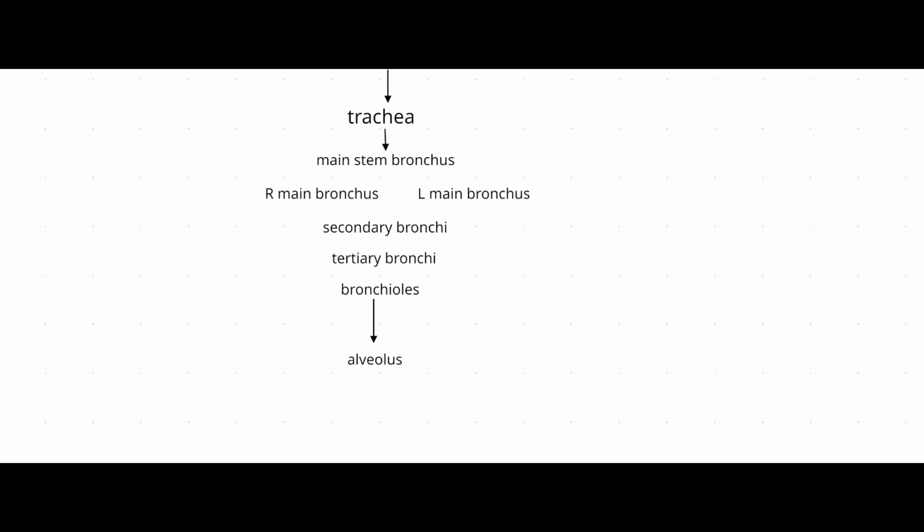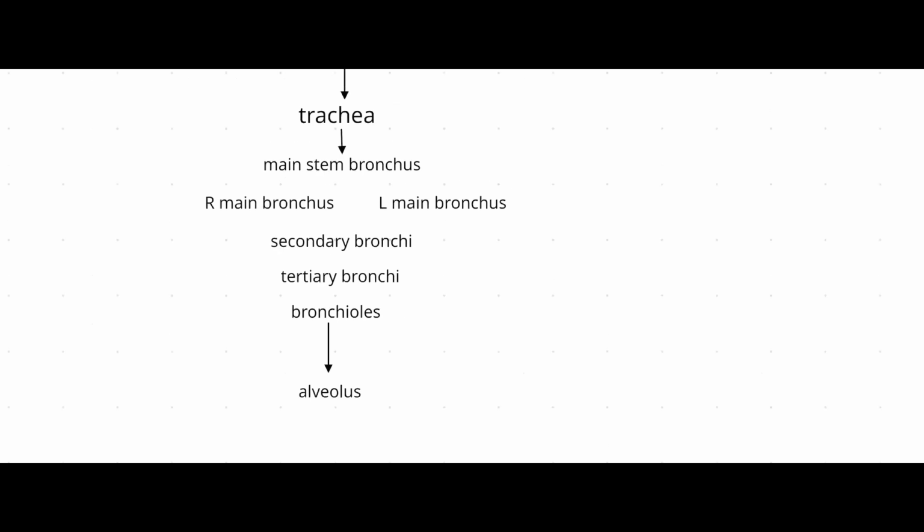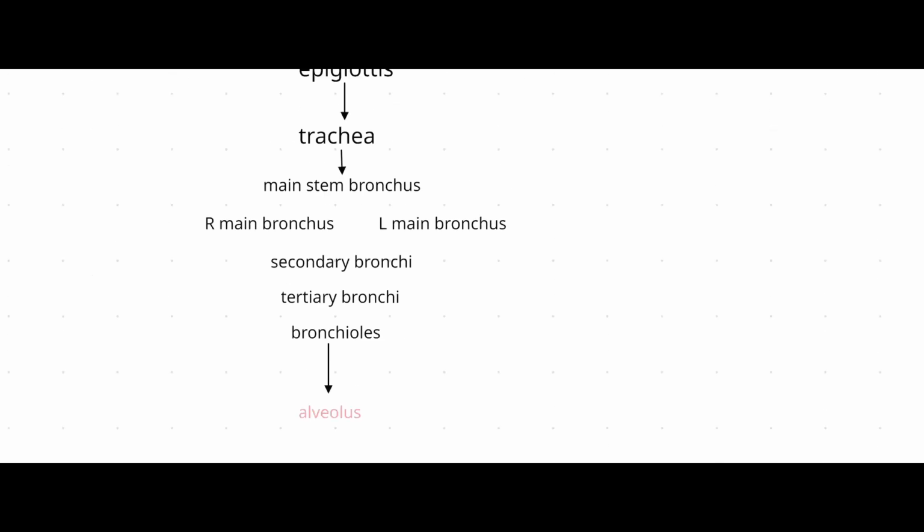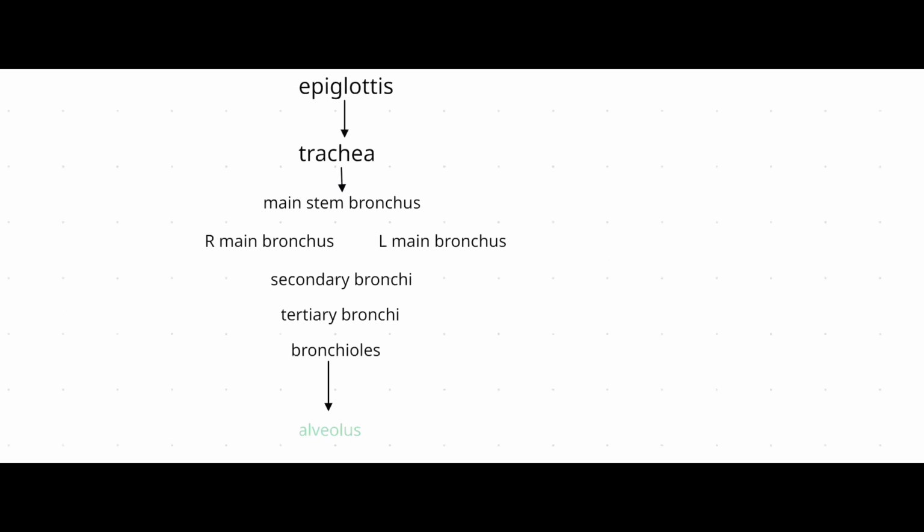As we move further into the more advanced respiratory conditions, we're going to look at respiratory acidosis, alkalosis, and how that happens. So these are airway, and that is the air sac.